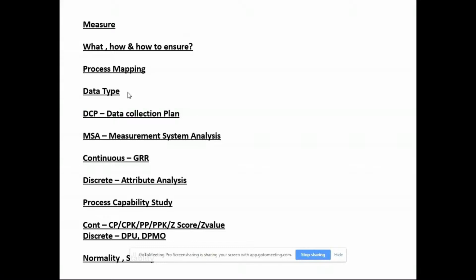CPU is calculated as upper specification limit minus mean divided by 3 standard deviation, and CPL is mean minus lower specification limit divided by 3 standard deviation. We know how we calculate CP: USL minus LSL by 6 standard deviation, right? So my question is, can there be a scenario wherein CPK is greater than CP?